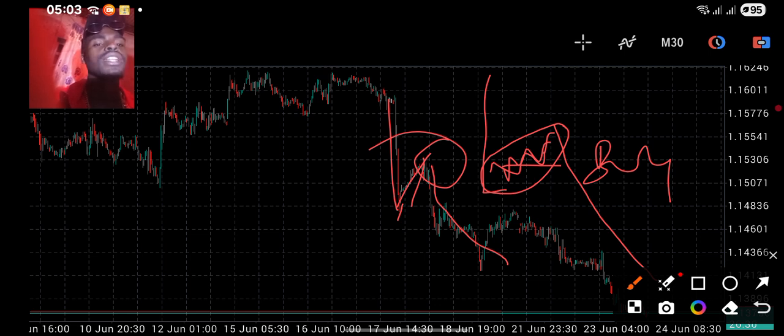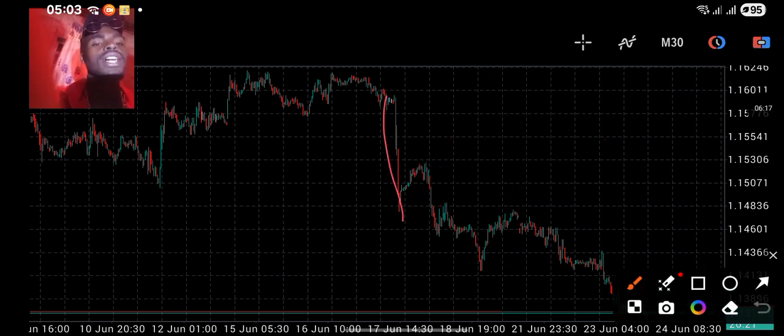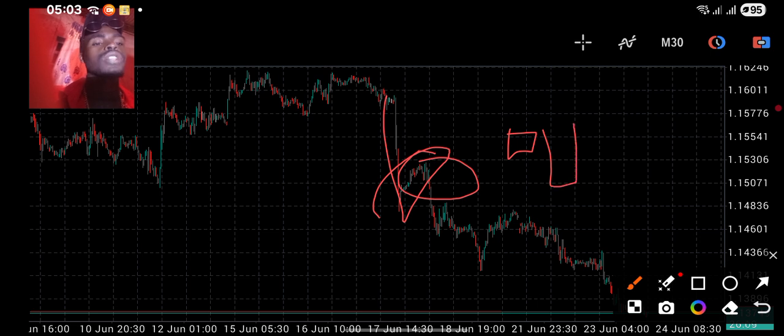So when the market does some inducement like this, you just come in. Once the market does that, you just come in. After this pullback, you wait for what we call a confirmation. What is a confirmation? A confirmation comes, for example, when we have some candles like this, we call this bearish engulfing candles.